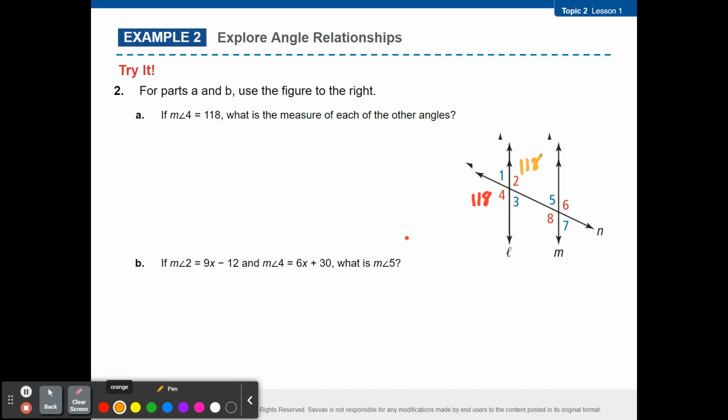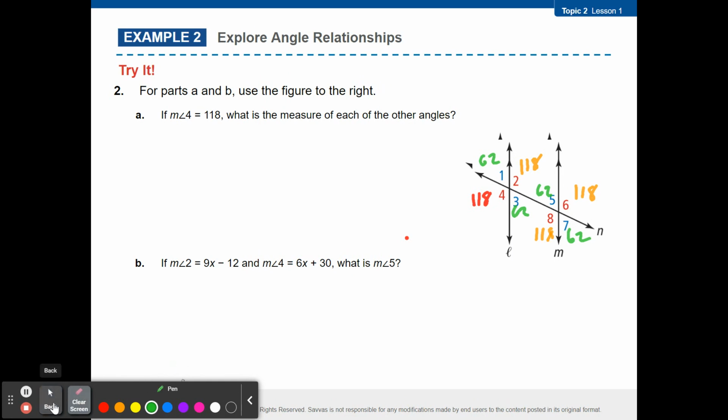What else is going to be 118 here? Angle 6. What's another one? Good. 8. What does that leave us for the rest of these angles? 62. So 3 would be 62 because that linear pair, that's vertical. Again, another linear pair, and that's vertical.